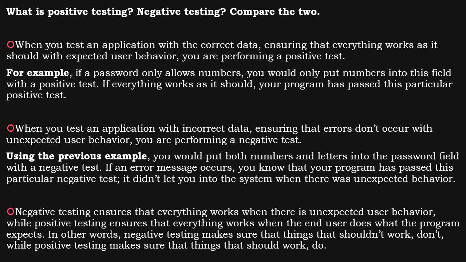When we compare, negative testing ensures that everything works when there is unexpected user behavior, while positive testing ensures that everything works when the end user does what the program expects. In other words, negative testing makes sure that the things that shouldn't work don't, while positive testing makes sure that the things that should work do work.